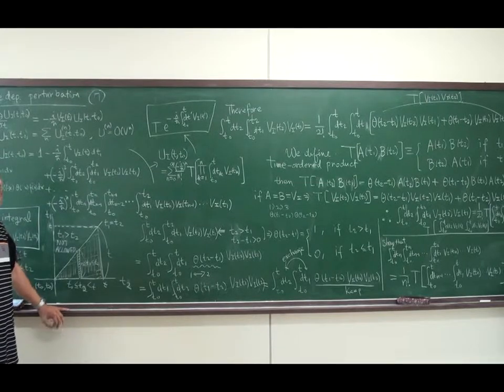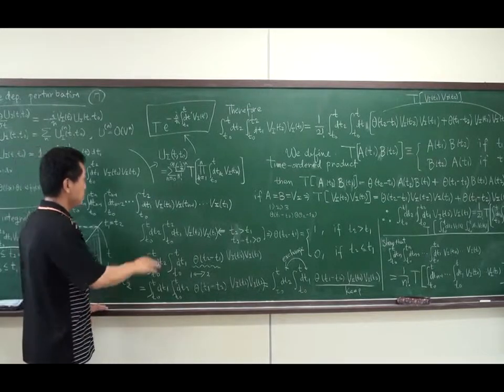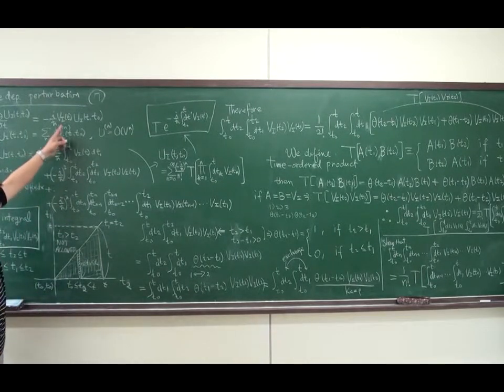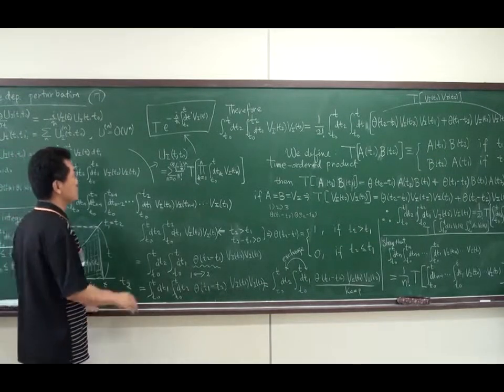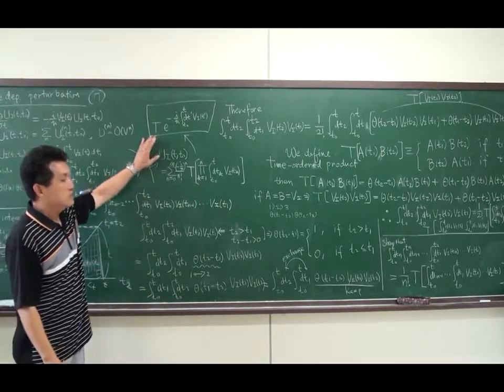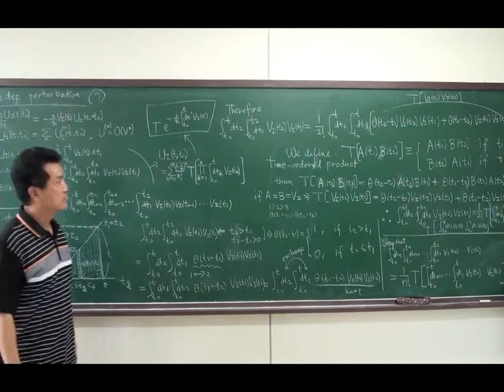And this satisfies all orders in V. This is a complete relation. So the interaction picture is very useful to find the evolution of the interaction state, and the state function in the interaction picture evolves with respect to time with this operator. And T is the time-ordered product.